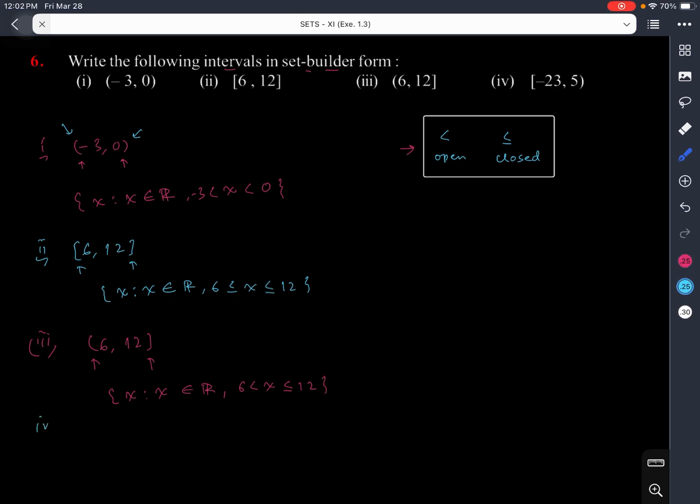Part number last, [-23, 5). So from this very side, this is a closed interval, and from this very side this is an open one, meaning that negative 23 is included while 5 is excluded. So in set builder form, this interval will be represented as x such that x is a member of real numbers, where x is greater than or equal to negative 23 but less than 5.